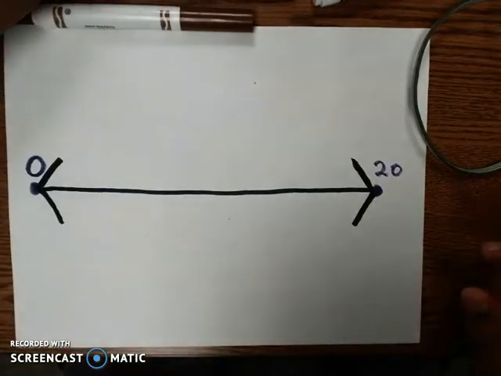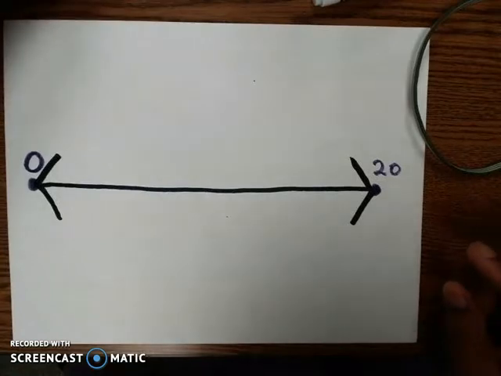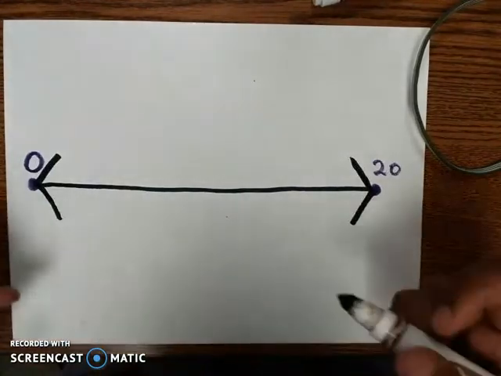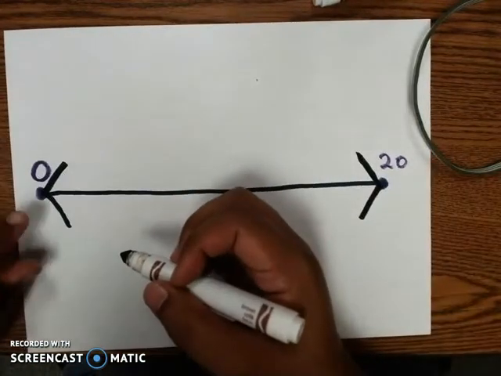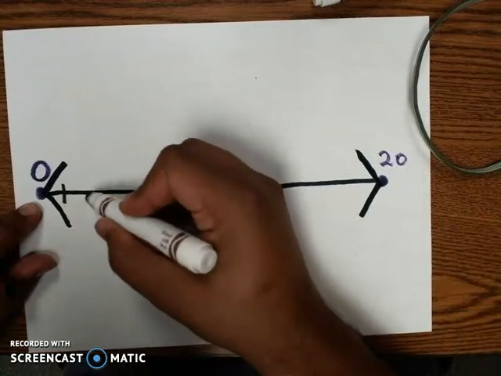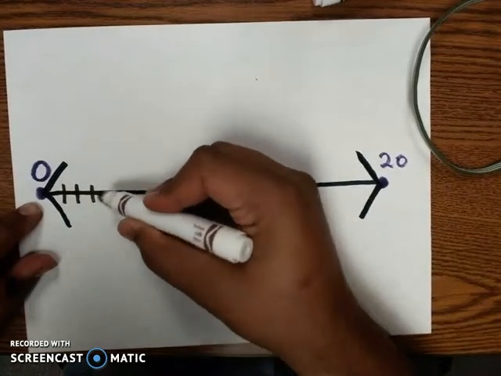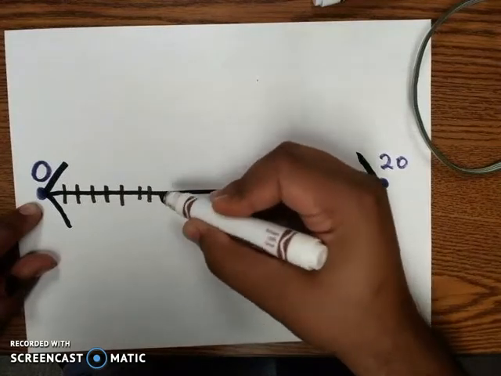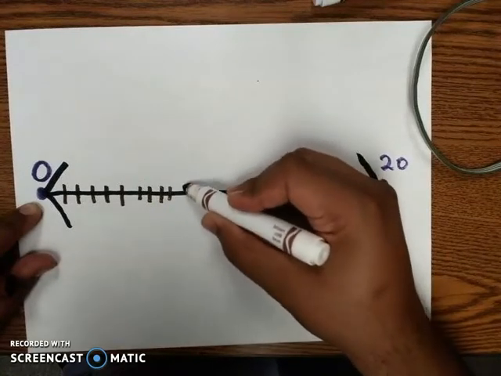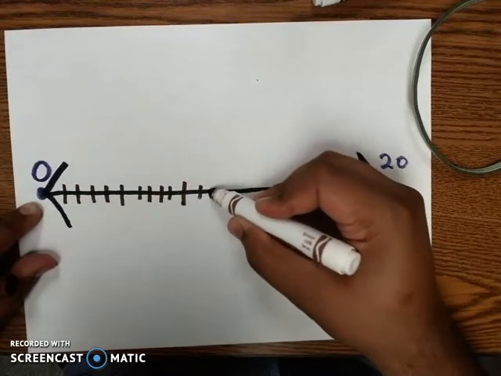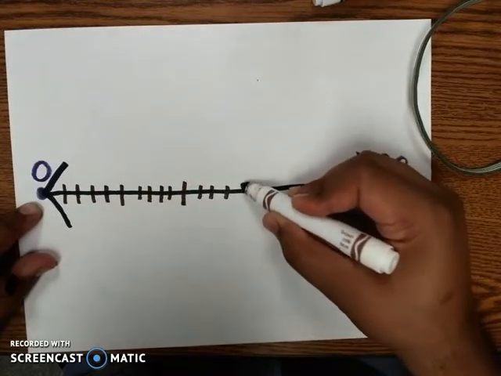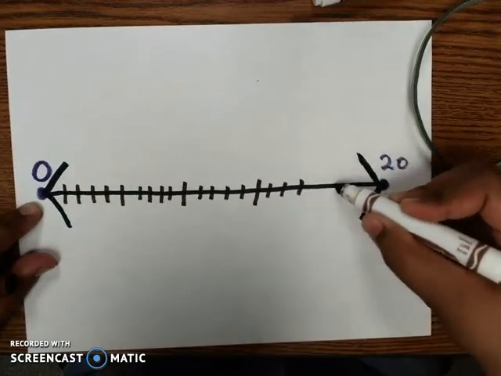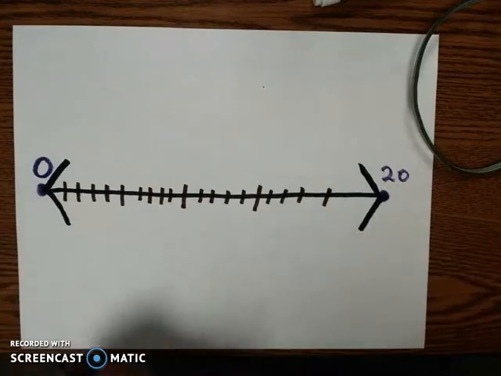Now, let's place the points that we have here. I'm going to use a different color. How about I use brown this time? If this is 0, we have 1, 2, 3, 4, 5, 6, 7, 8, 9, 10, 11, 12, 13, 14, 15, 16, 17, 18, 19, and 20.